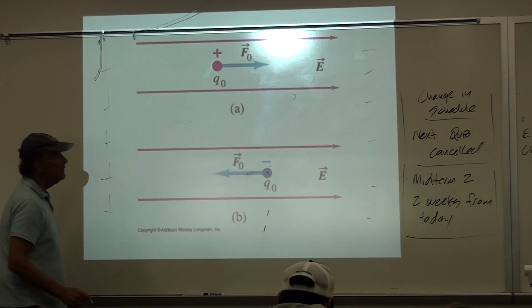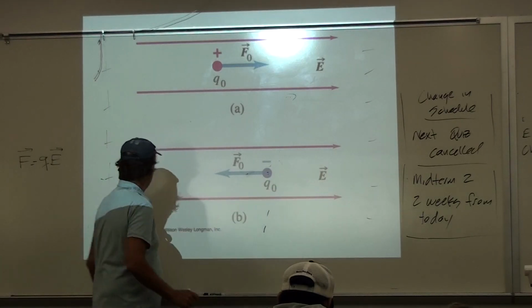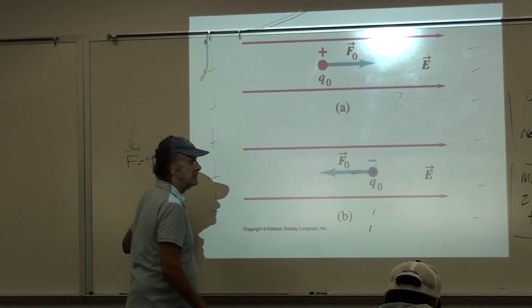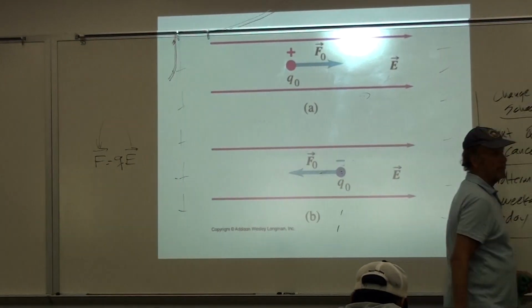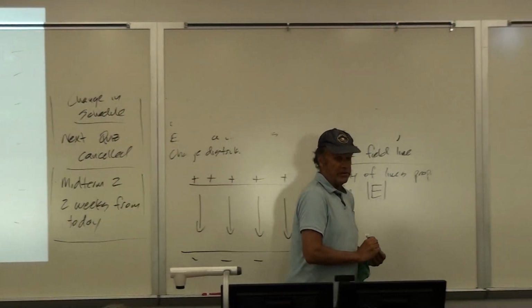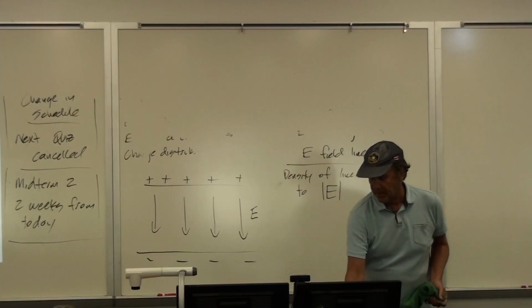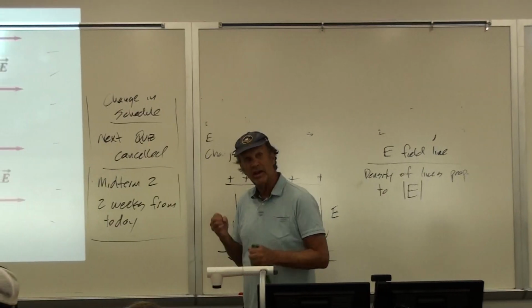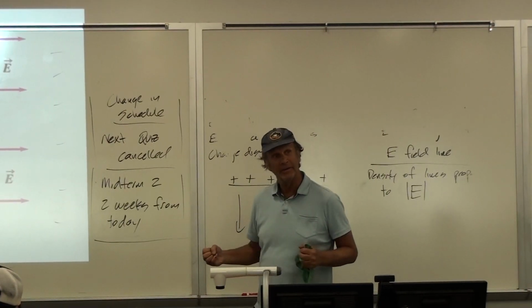So this is the utility then of the electric field, it connects us to the force. The force is a measurable quantity. And there are other important uses for the electric field too. It turns out that the electric field, when it changes, can produce a magnetic field.